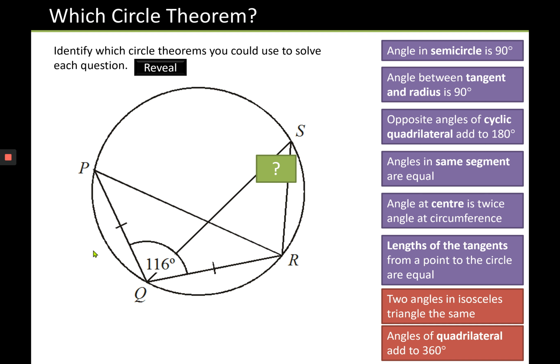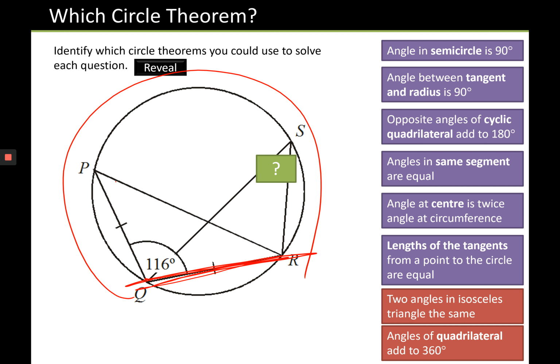Okay, going through the answers. We can see we have angles in the same segment here. That means this angle here and this angle here have to be the same. We can also say for this, these two lengths are the same, so that's given to us in the question.